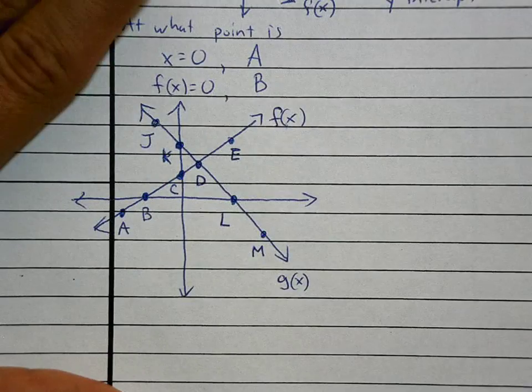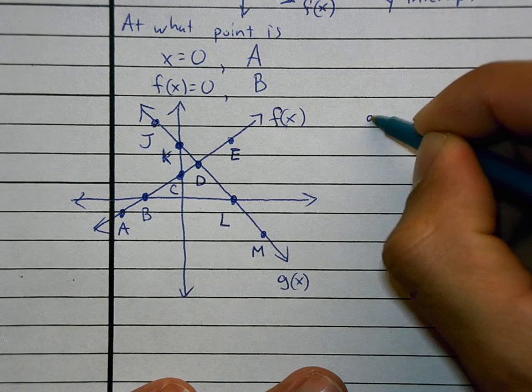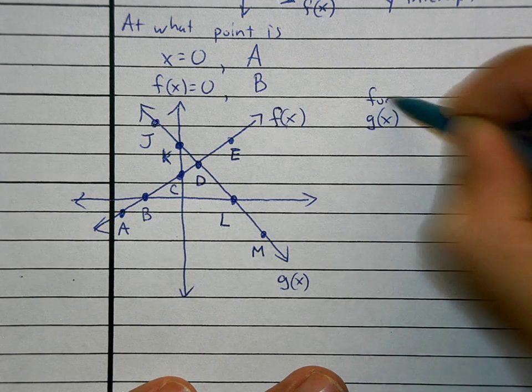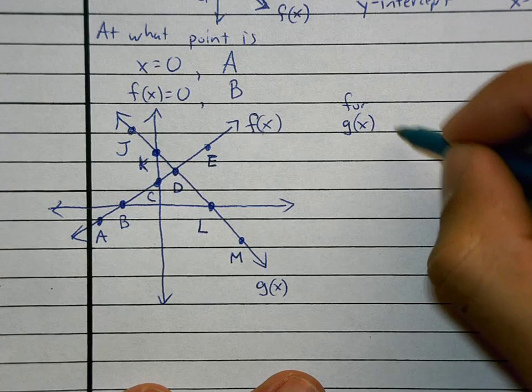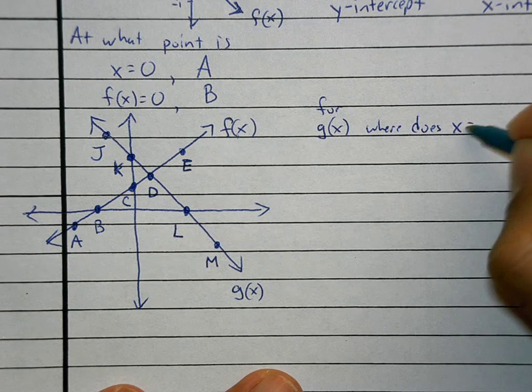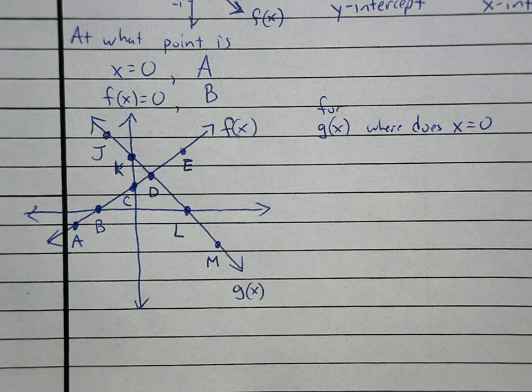I want to know for g of x, where does x equal 0? For g of x, where does x equal 0?